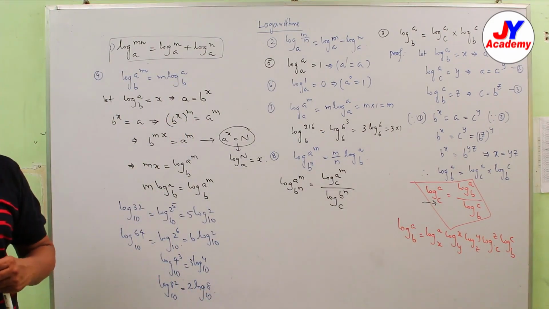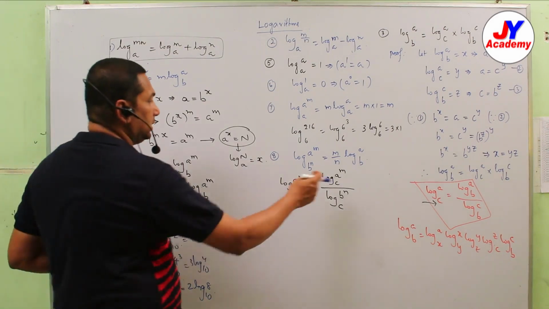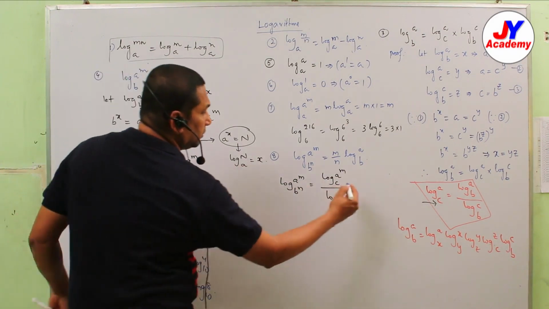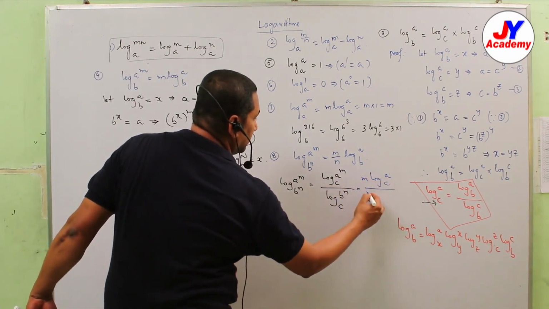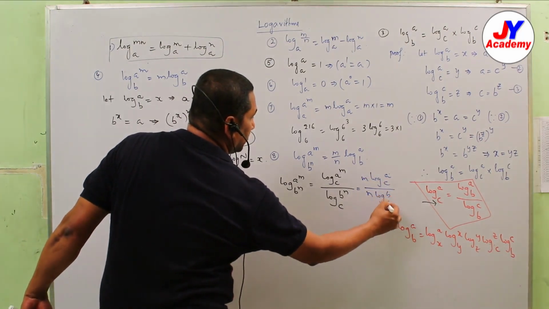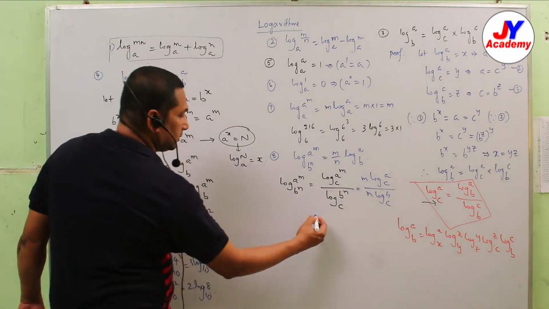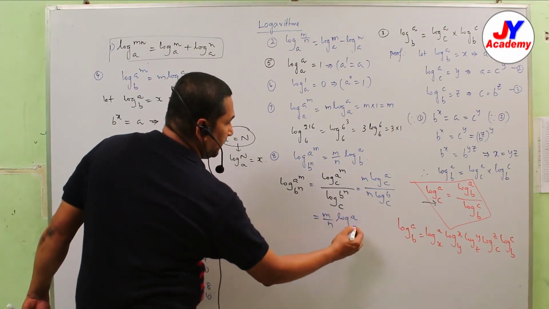Now it is in the form of the fourth result. So it is m log a base c by n log b base c. Now it is in the form of the third result. So that is m by n log a base b.